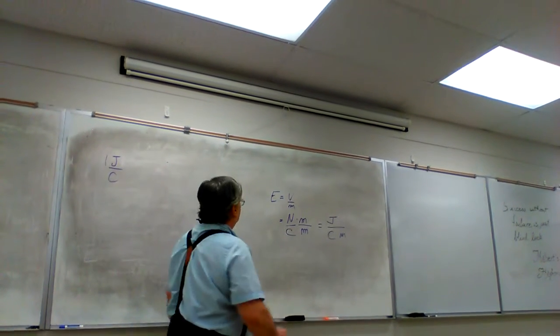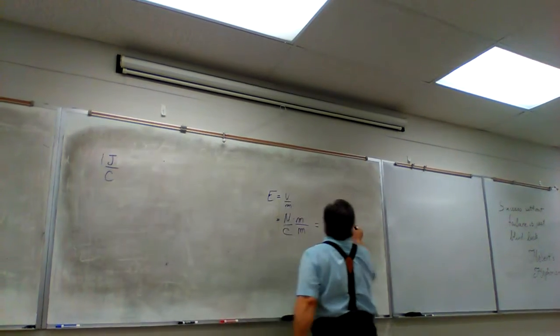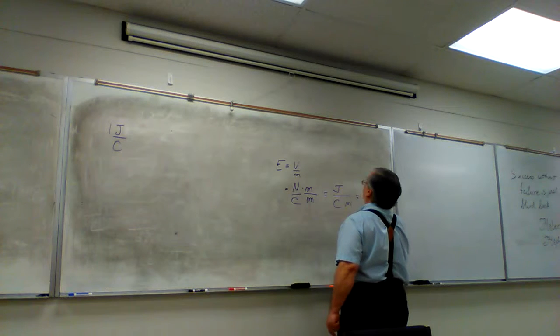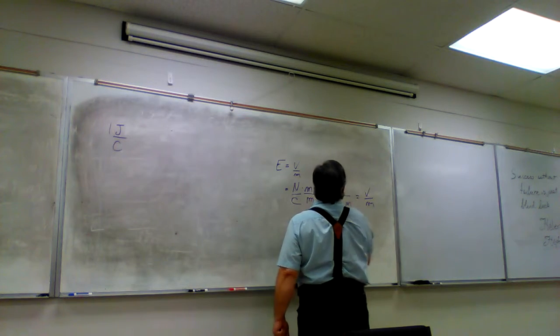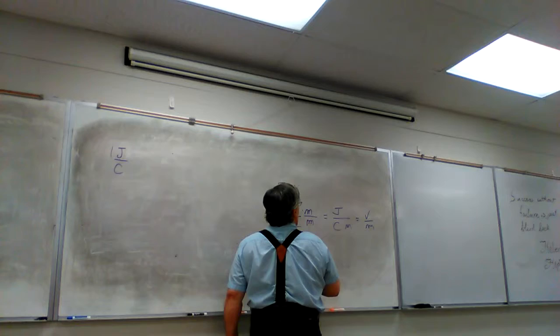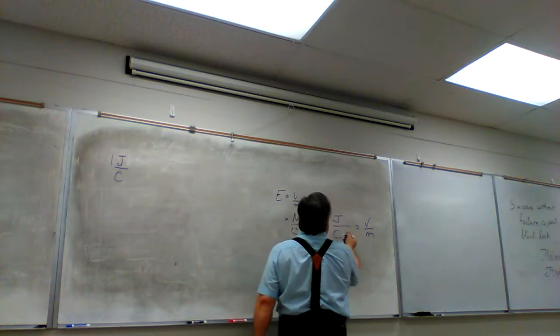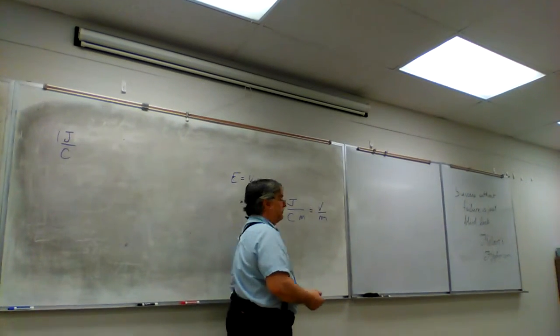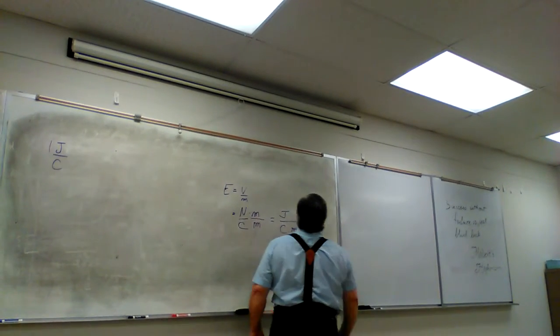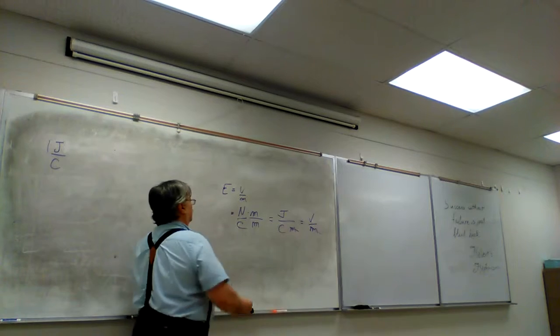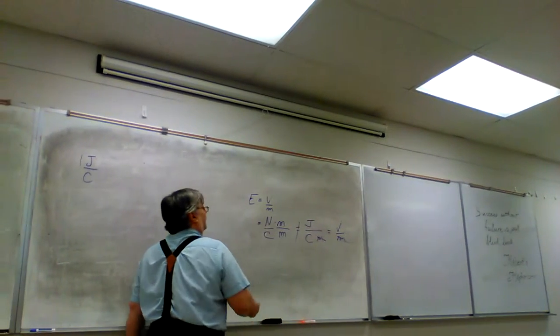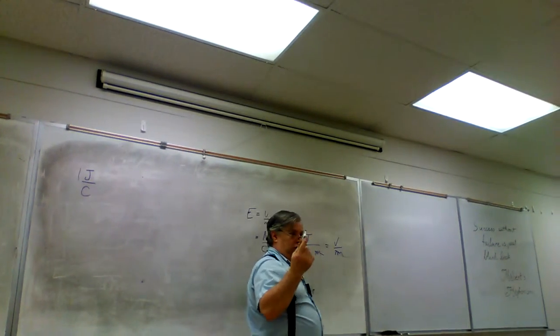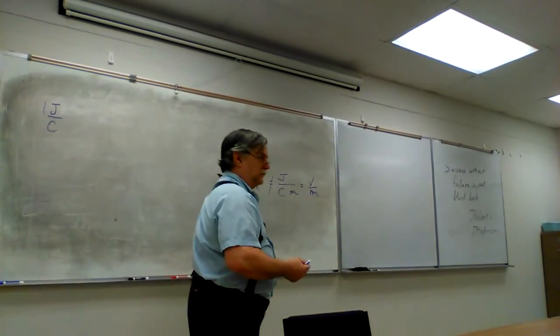But what happens if you multiply volts per meter times meters? Remember, this joule per coulomb per meter is also equal to a volt per meter. So if you multiply both sides by meters, 1 joule per coulomb is 1 volt. Okay?